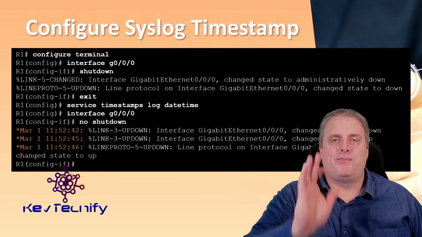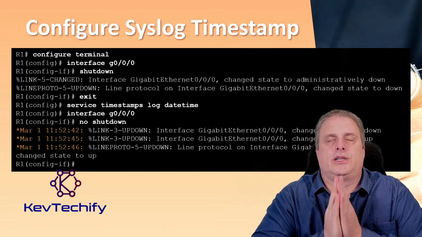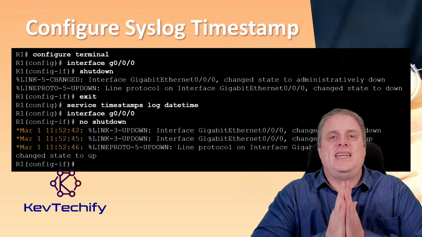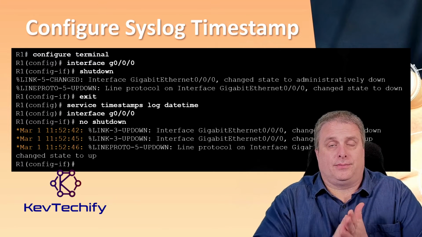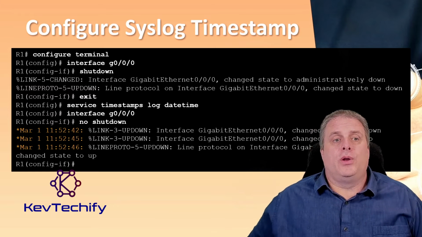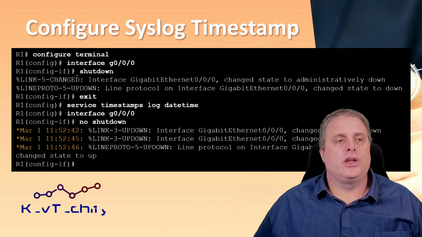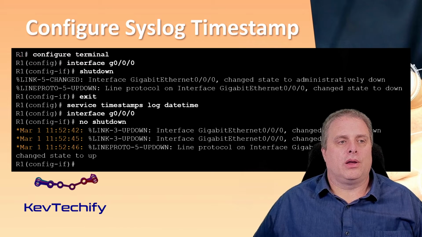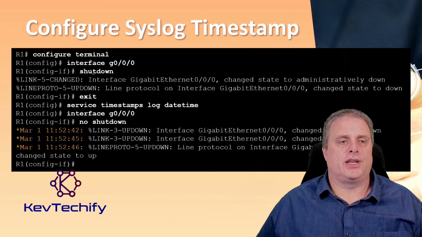One of the things that's the best practice for you to do when you're using syslogs is to turn the timestamp on. By default, timestamps aren't turned on, they're turned off. And when you get a system update message, you don't know when it happened. Here in an example, we're on R1, we're going to go into an interface, we're going to shut it down.